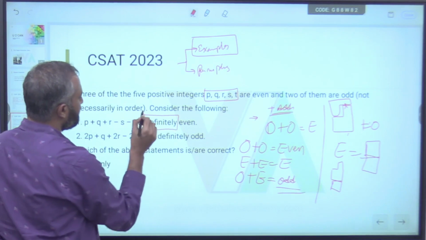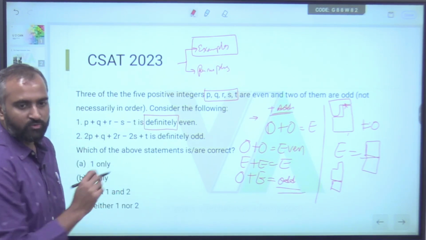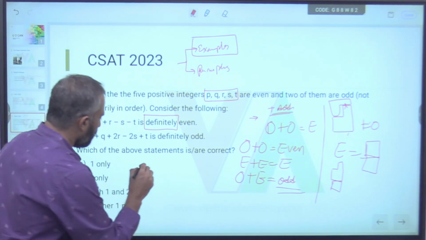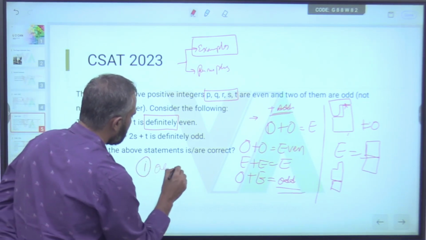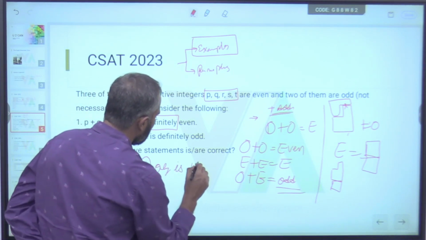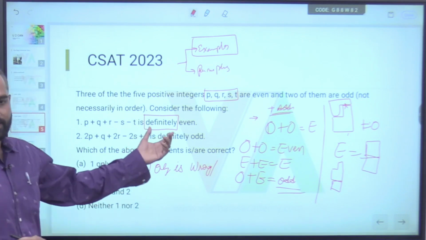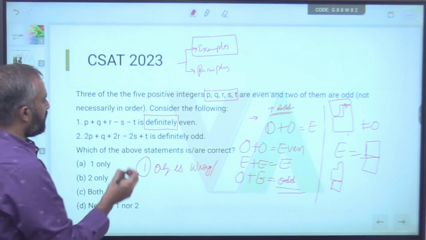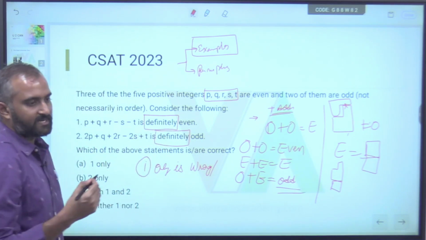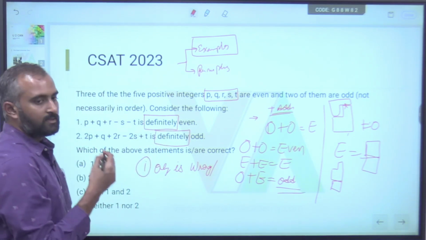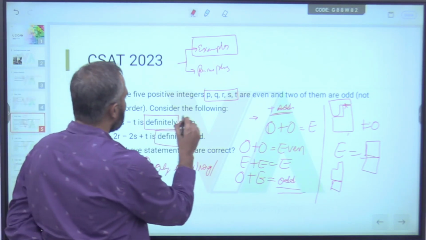He is telling it is definitely even. So, in order to prove him wrong, what do we need to do? We need to show in only one instance that it is wrong or right. Then it won't be definite. So, if you see definite statements, especially in reasoning, try to prove the opposite case. This will be our attack point.